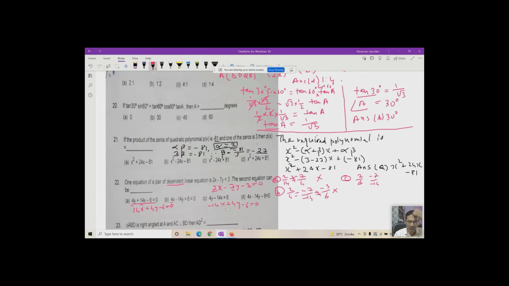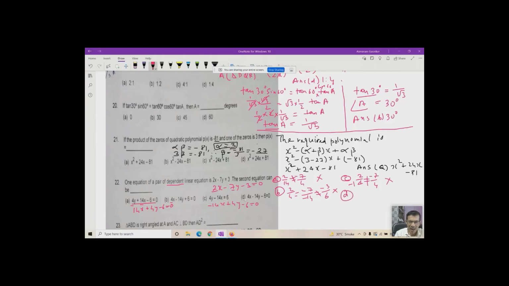And you see this is 2 upon minus 14 and minus 7 divided by 4, and these two ratios are not equal, so this is also not the answer.